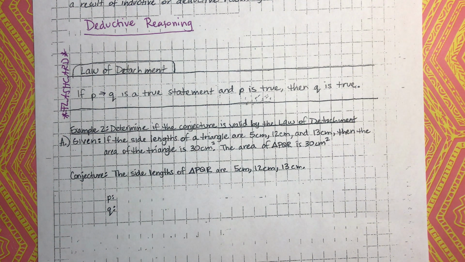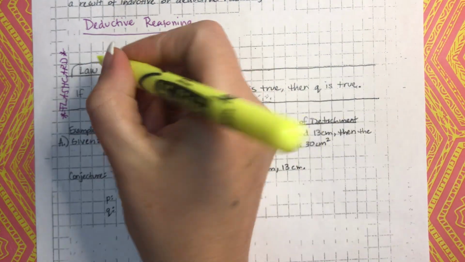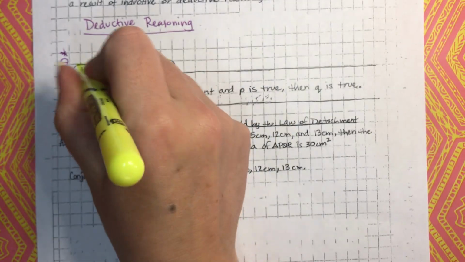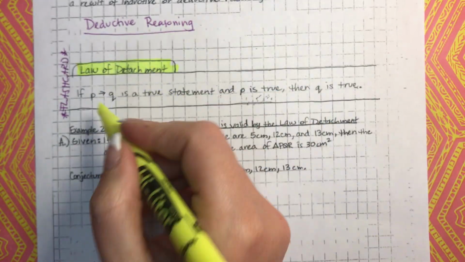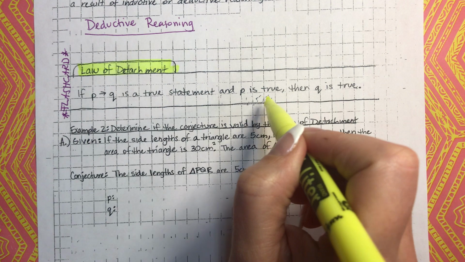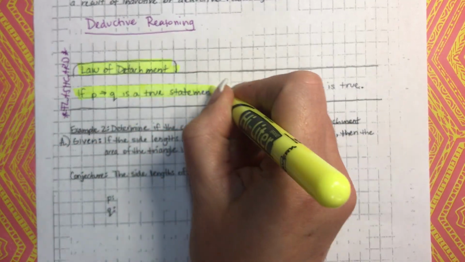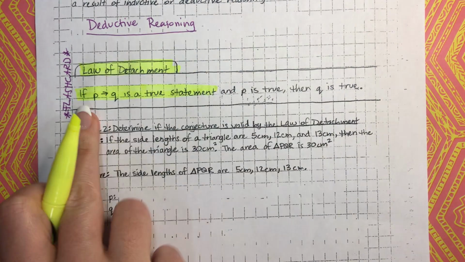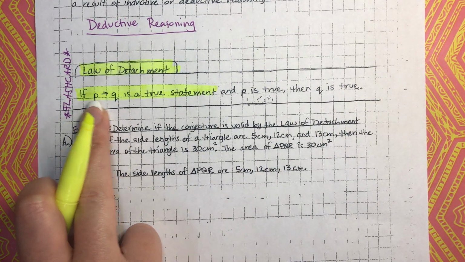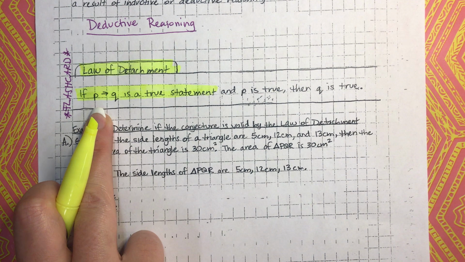Okay, so the law of detachment states that if P to Q is a true statement, and remember that P to Q just means if P, then Q, so we have a conditional, all right?